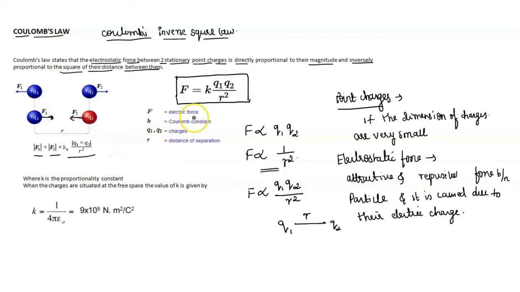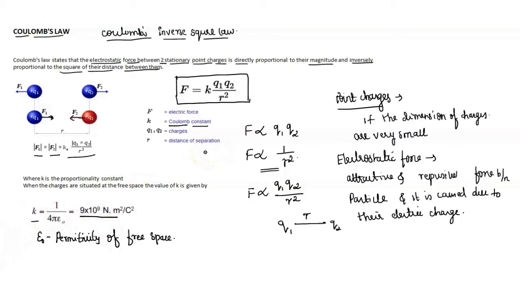In the equation, the proportionality constant k is known as Coulomb's constant. The value of Coulomb's constant is k equal to 1 divided by 4 pi epsilon naught, where epsilon naught is the permittivity of free space. Substituting the values, we get k as 9 into 10 to the power 9 Newton meter square per Coulomb square.